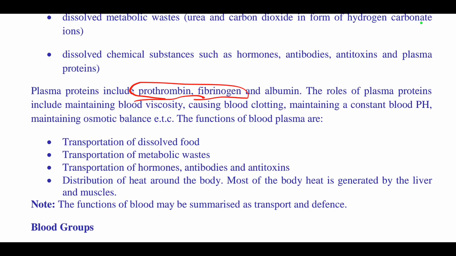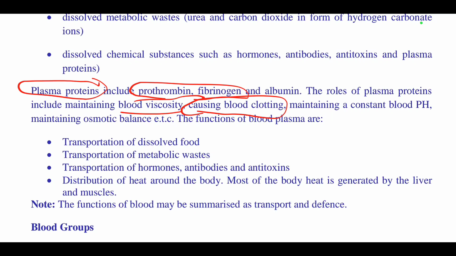The roles of plasma proteins include maintaining blood viscosity, causing blood clotting, as well as maintaining a constant blood pH.